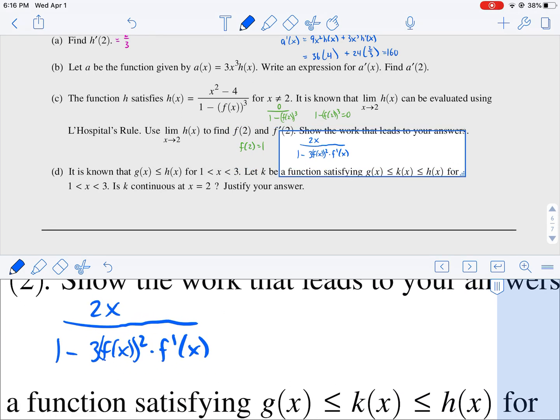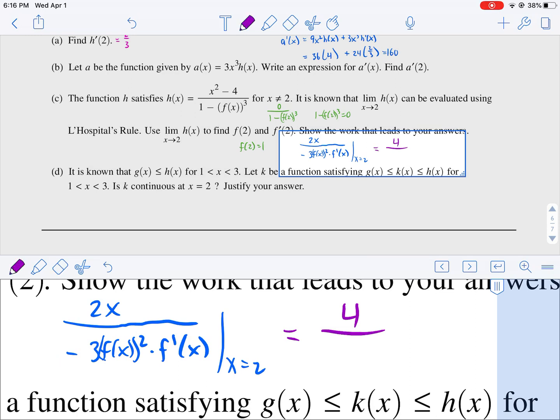So plug in 2, so we evaluate x equals 2. Gets us 4 over f of 2, which we know is 1. We just found that, so right here we can make that equal to 1. Oh, sorry, that 1 doesn't belong in my derivative. That's gone when we did the derivative. Sorry about that. The negative does belong, however.